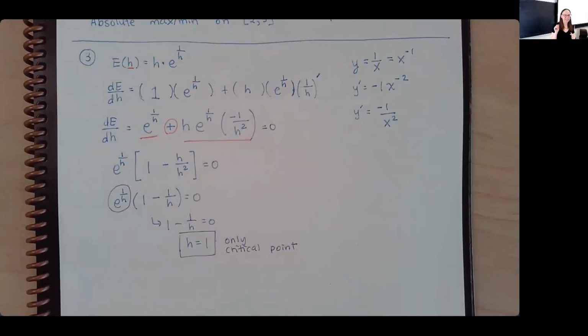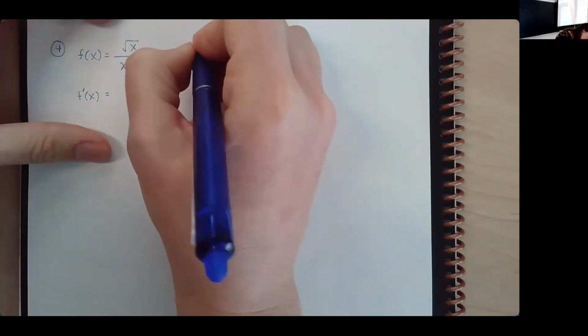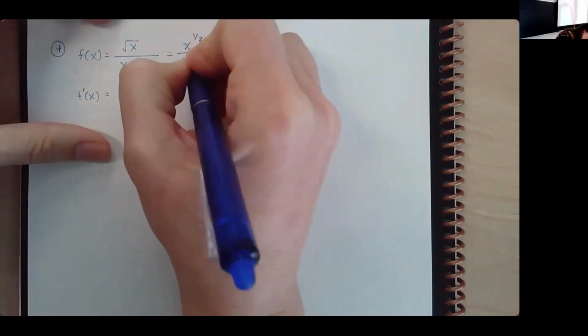But again, it's about identifying what thing is the variable and which things are actually numbers. Do that rewrite, and then I would get your quotient rule gone.